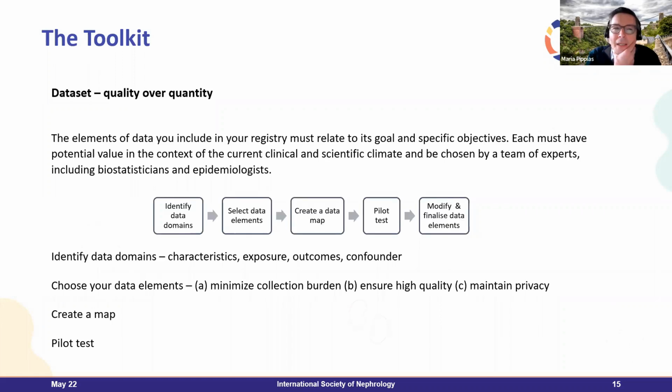So moving on to the data set, quality over quantity is the buzzword here. People are often tempted to try and collect as much data as possible, and they're always tempted to say, oh, it'd be really interesting if we could have this data element.